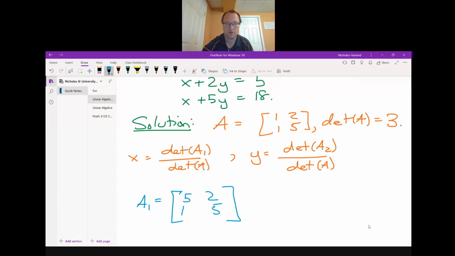So column 1 goes, and it's replaced with B. For A2, we'll do the same thing. We'll start off with the matrix A, and we'll remove column 2, or the column for y in the original matrix, and we're going to replace that again with the matrix B.